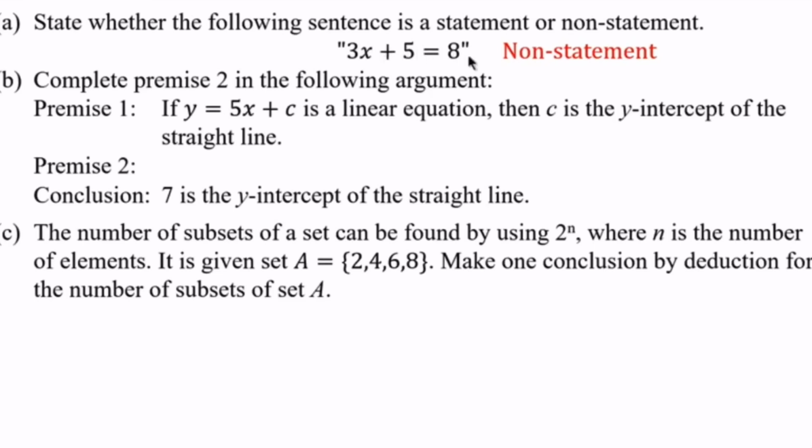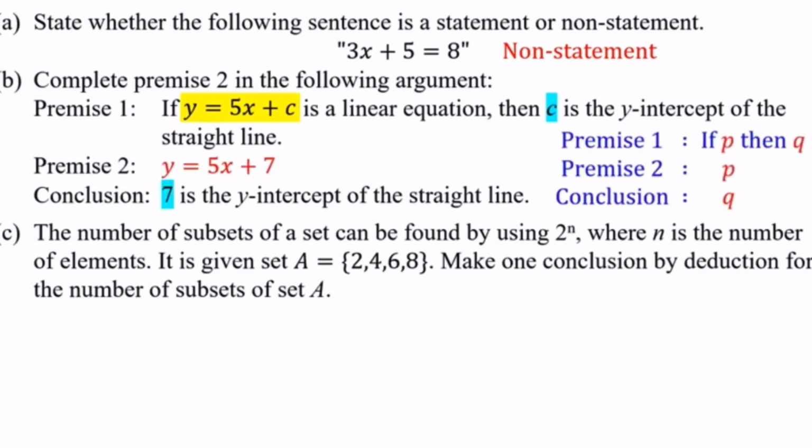Okay, so for B, complete the premise 2 in the following argument. For argument, we have 3 types. So this belongs to the type which is if P then Q, P is true, then Q is true.